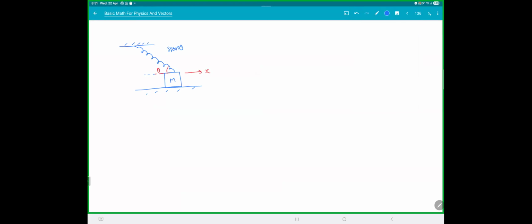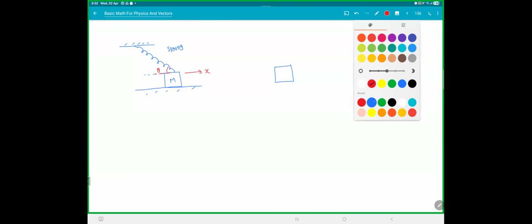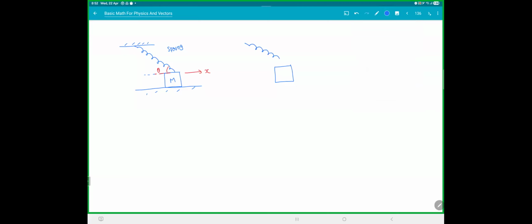So this is where we use components. So the idea comes like this. The spring which is touching here, this point of the spring is going forward by x. This angle is theta.